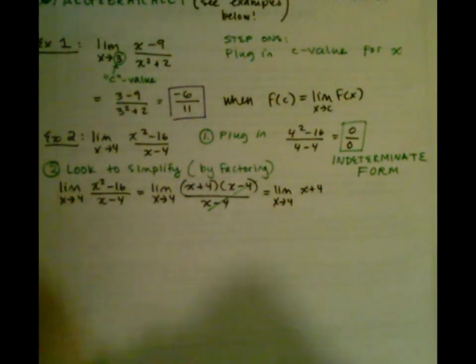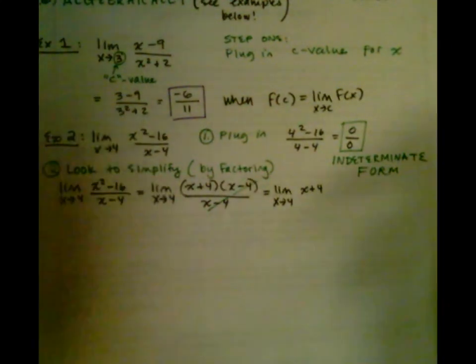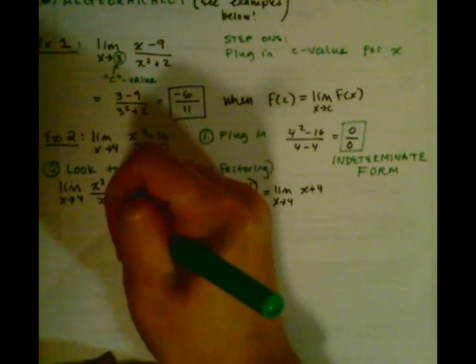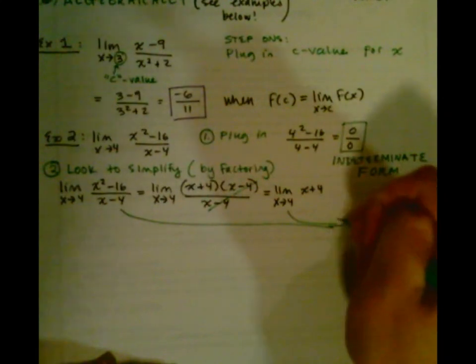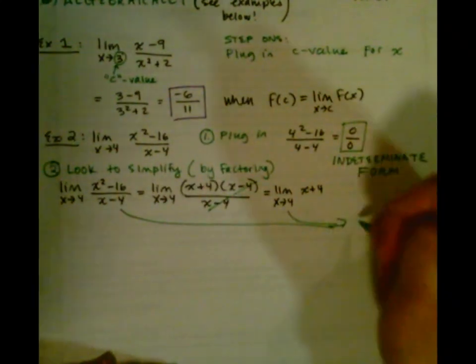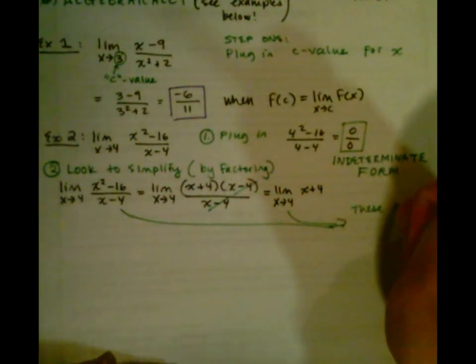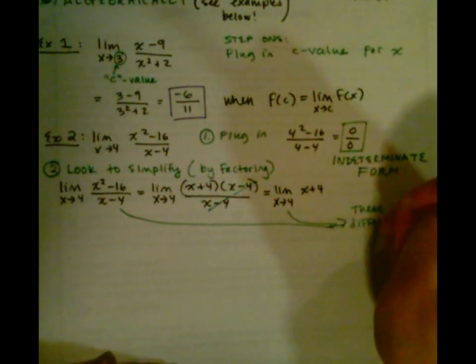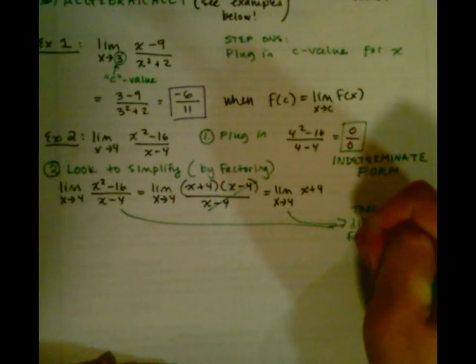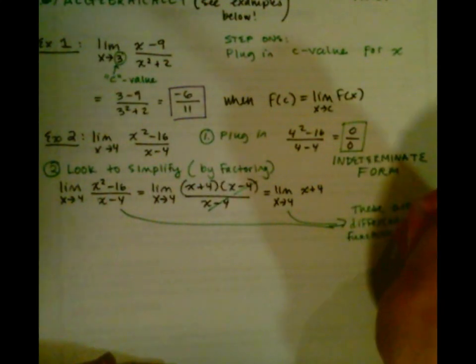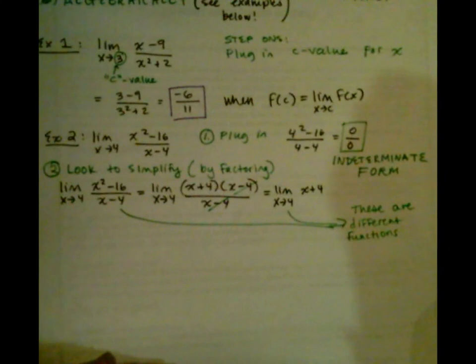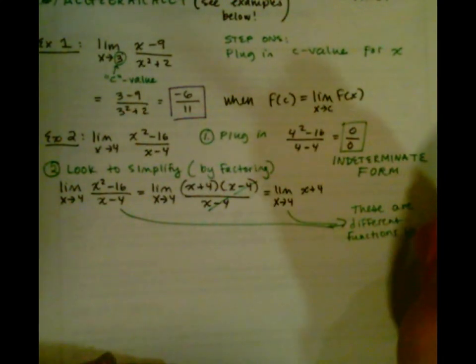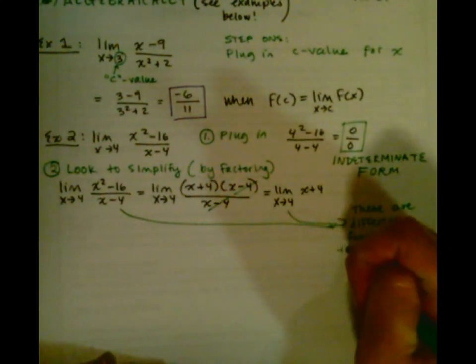They should have the same limit as x goes to 4. I'm just going to denote that, bringing over a little arrow: these are different functions, but they have the same limit.